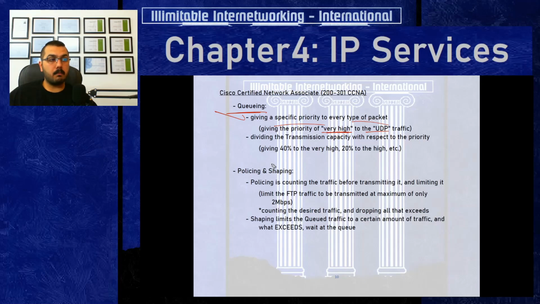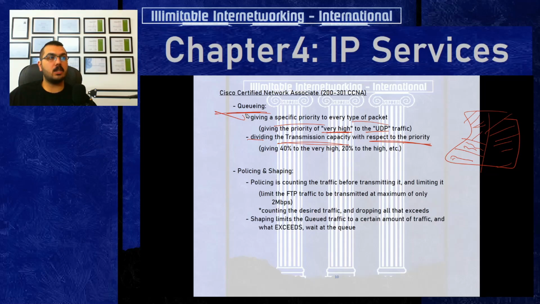The other bigger benefit of queuing is that it divides the transmission capacity with respect to the priority. Remember, just draw it this way: almost half of the transmission is for very high, maybe 30% for the high, some 20% for the medium, and 10% for the low. What does this is also queuing.